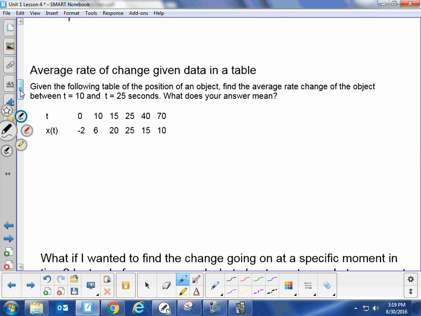I could give you a table and ask you for the average rate of change, giving you specific values. Okay? So here, find the average rate of change of the object between 10 seconds and 25 seconds. What does your answer mean? Well, since this is position in meters, and this is time in seconds, if I'm going from here to here, all I need to do is just find the average rate of change, which is the slope of the line that connects the 2 points.